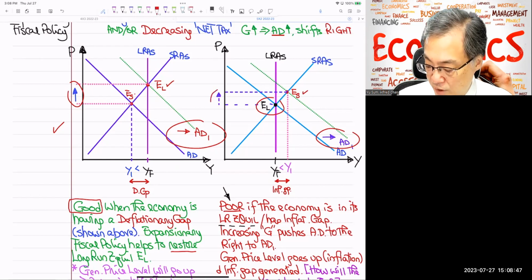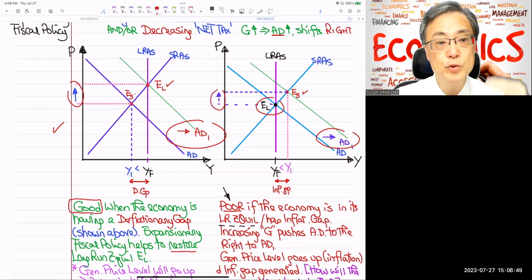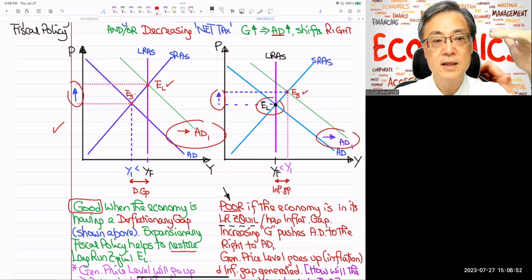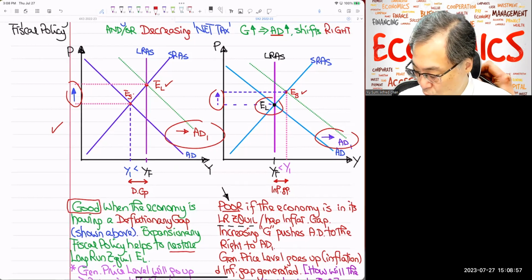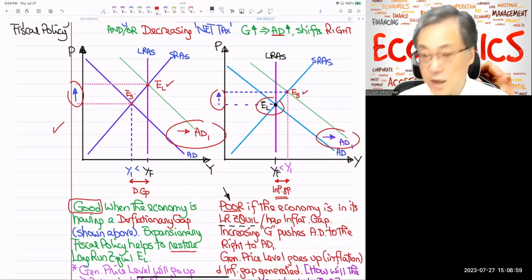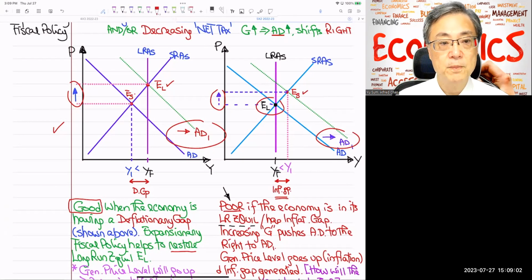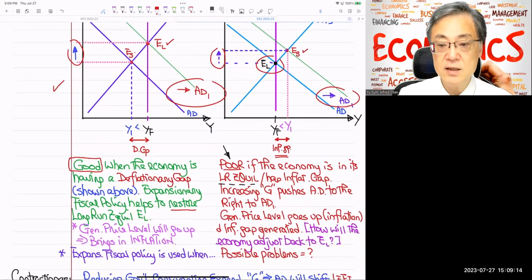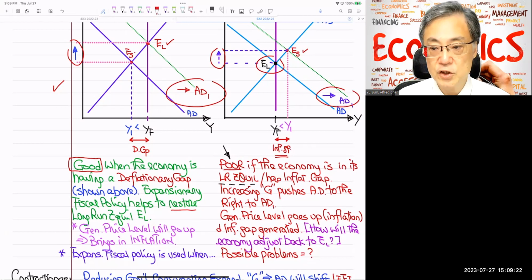That means your price level will be pushed much higher than it should be, and you will also create an inflationary gap. Your short-run aggregate output is now much higher than the potential or full employment output level. So the problem is here, I've put it down already: the general price level goes up, you will induce inflation, and you have an inflationary gap.